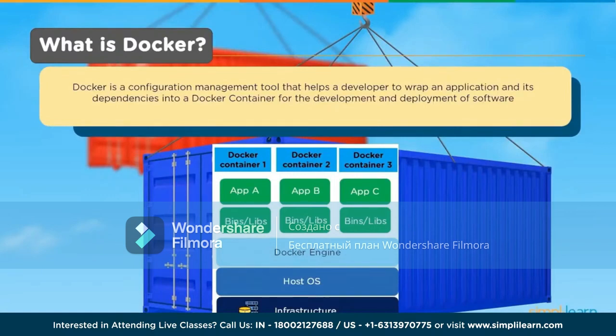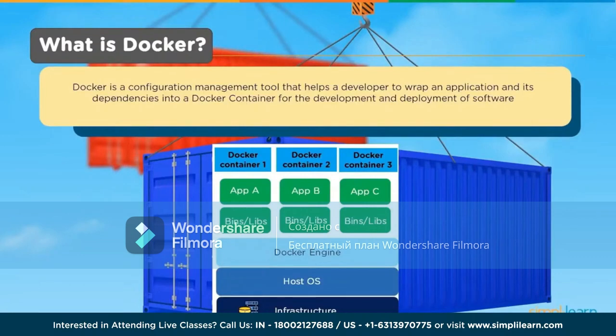After the host operating system, on top of that you install the Docker engine, the Docker software. It's just like you got a virtual machine on Linux, and on top of that you are installing the Docker software. Once the Docker engine is installed, it takes care of management of the Docker containers. You don't really have to do a lot of work.